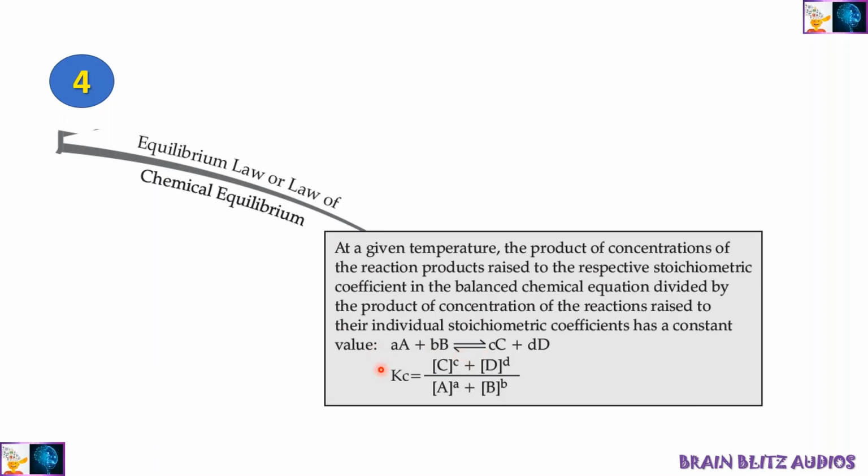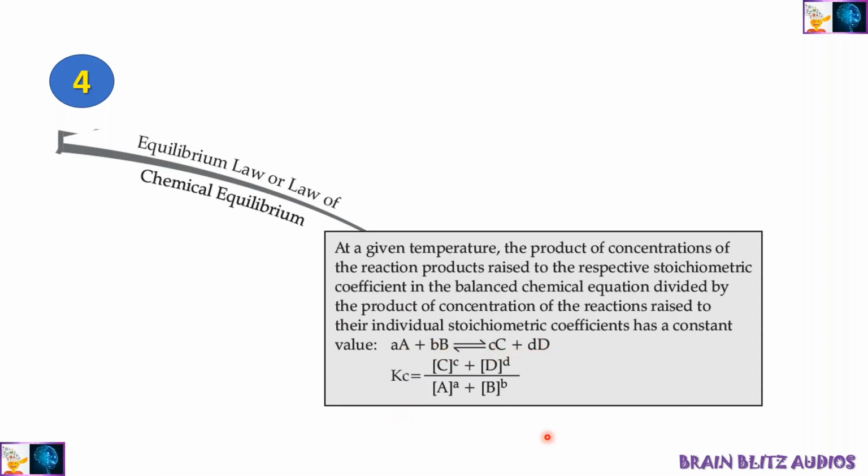So therefore, to represent it in a formulaic form, they have given Kc is equal to [C]^c times [D]^d divided by [A]^a times [B]^b, for the reaction aA plus bB gives cC plus dD.